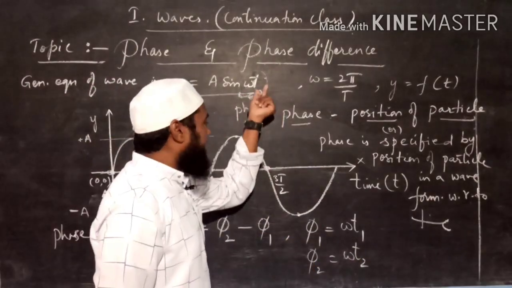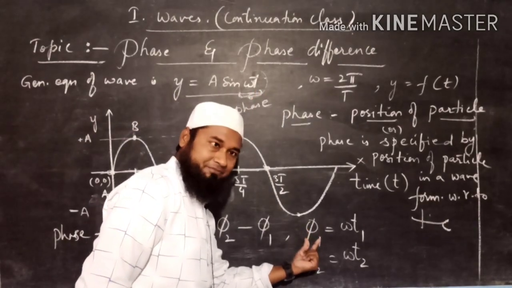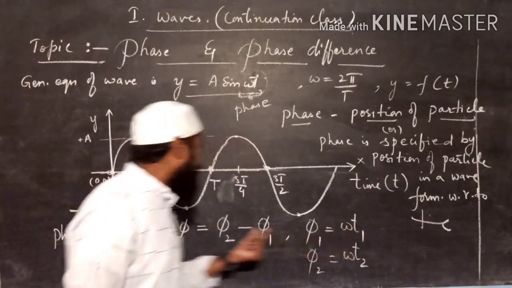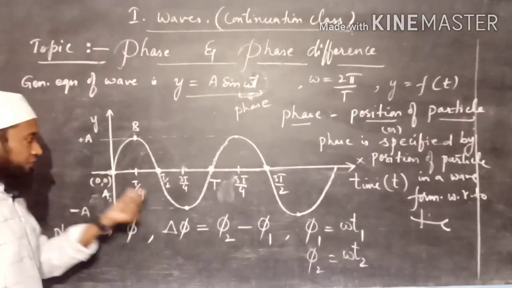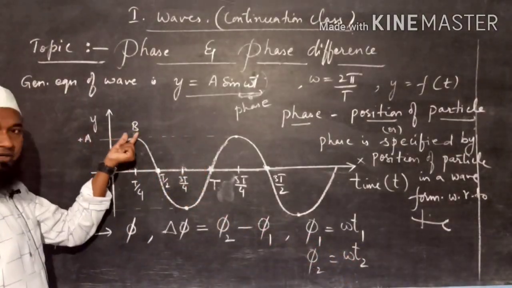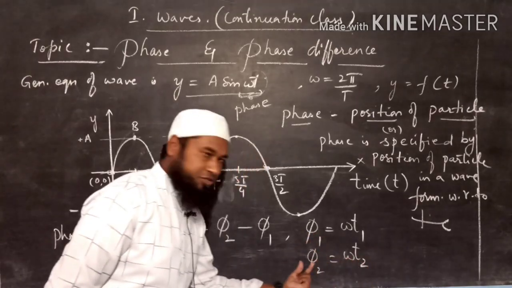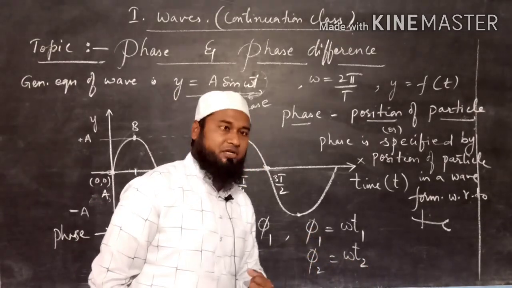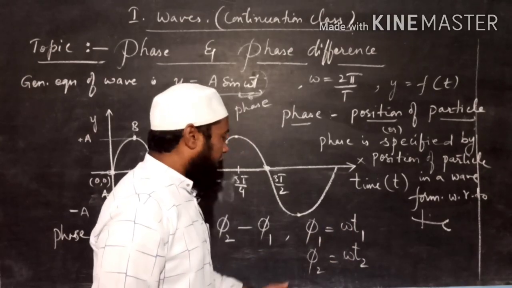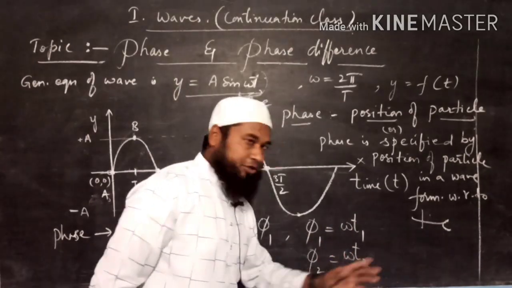So for first time, first phase will come. For t1 the particle position is here. For t2 the particle position is here. So at t1 you got this phase, at t2 you got this phase. So the formula for phase 1 is omega t1, the formula for phase 2 is omega t2.